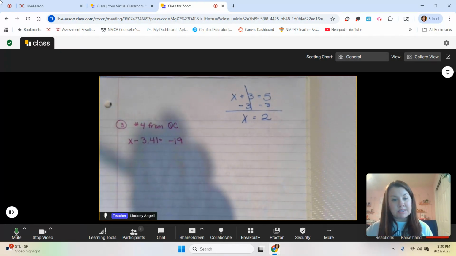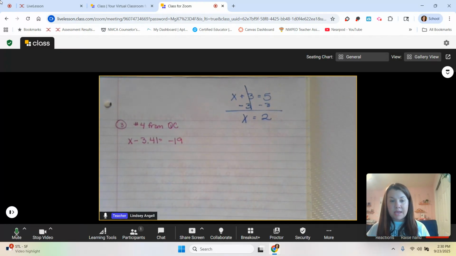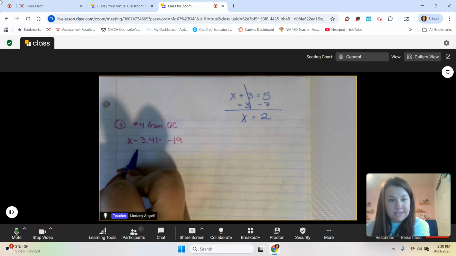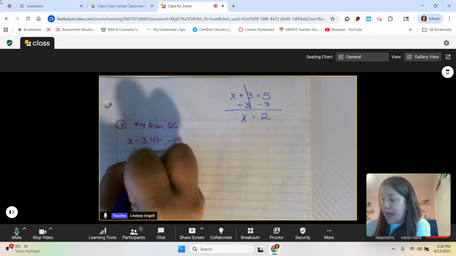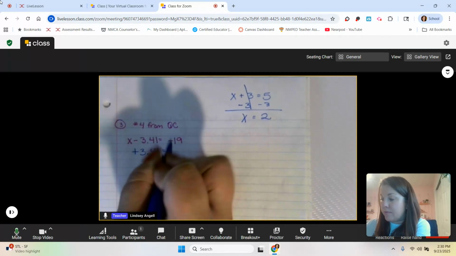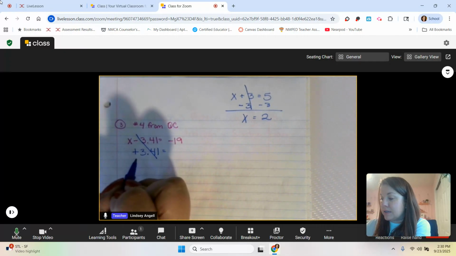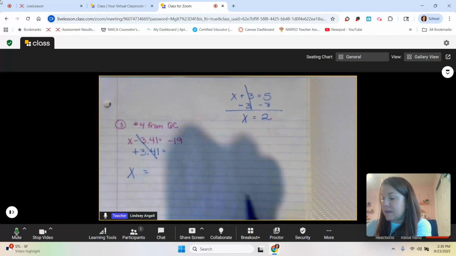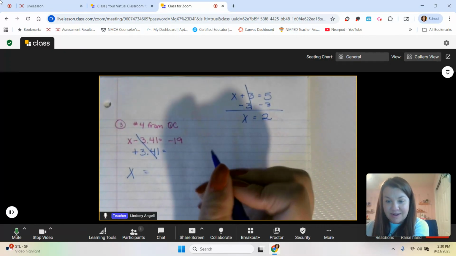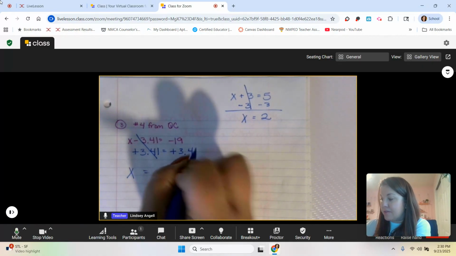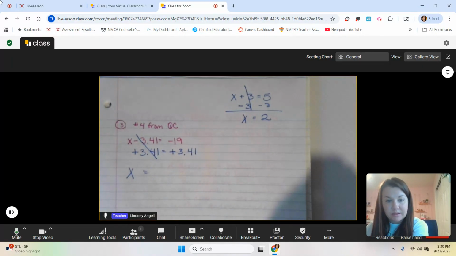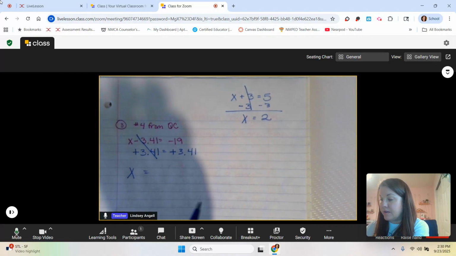X minus 3.41 equals negative 19. So I'm subtracting 3.41, so to get rid of it, I'm going to add 3.41. Those cancel, and I'm left with x on the left. That's the easy side, right? Over here, I'm going to add 3.41, okay, just like I did over here.